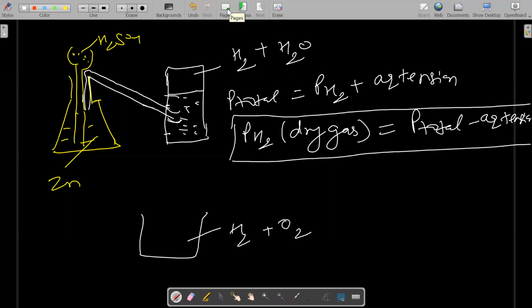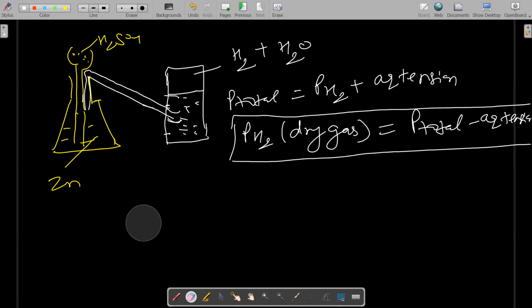Understood? Yes, ma'am. Ma'am, what are the factors on which aqueous tension depends? Aqueous tension is the pressure of water vapor, and its value is fixed because it depends on temperature.